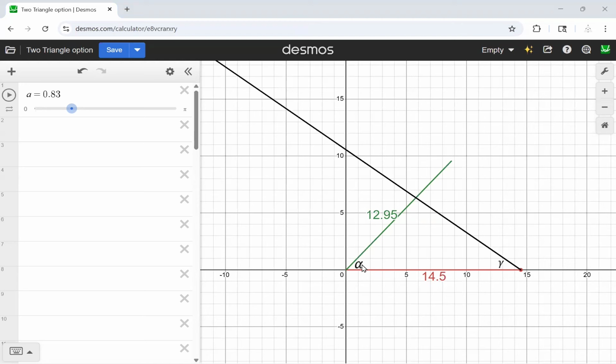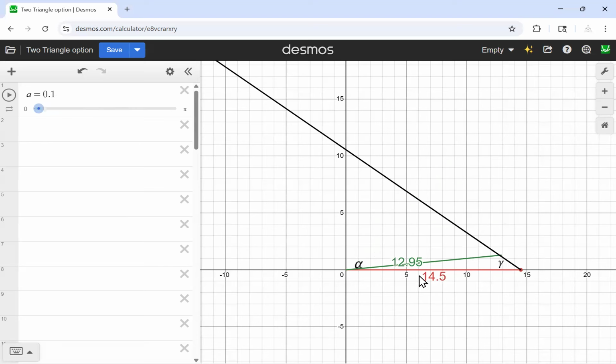And then this angle here will be my alpha. Well, if I have a length of 12.95, what I can think of is rotating this until it makes a triangle. So I don't know the length of A yet. We'll draw it as an infinite length right now.